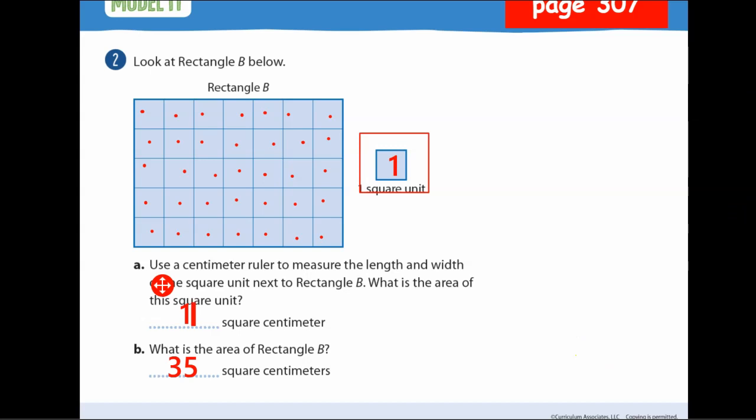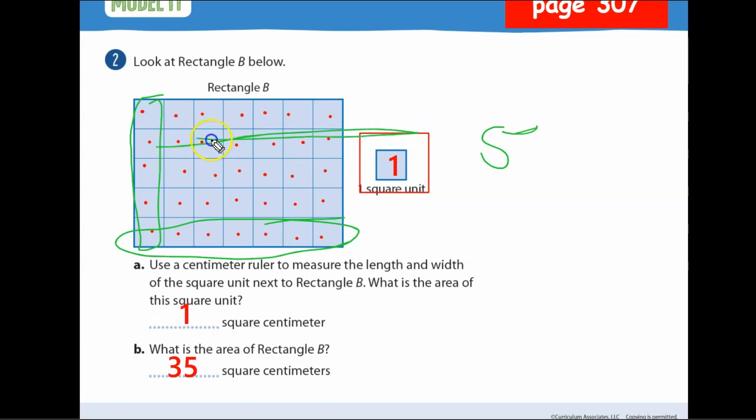What I could also do is this. How many squares do I have going down? 5, right? How many squares do I have going across?